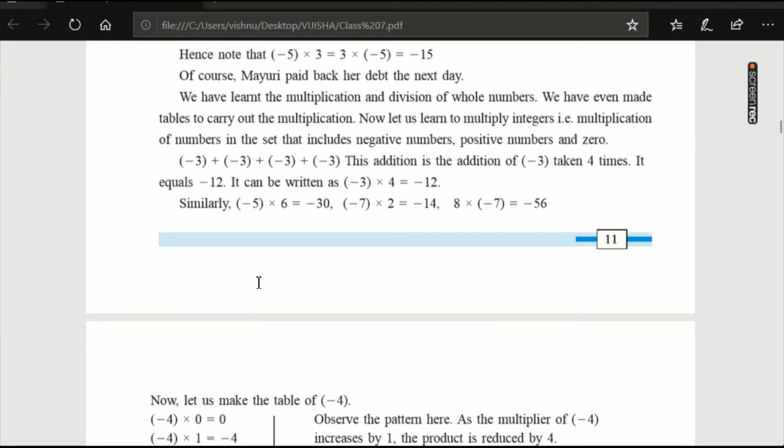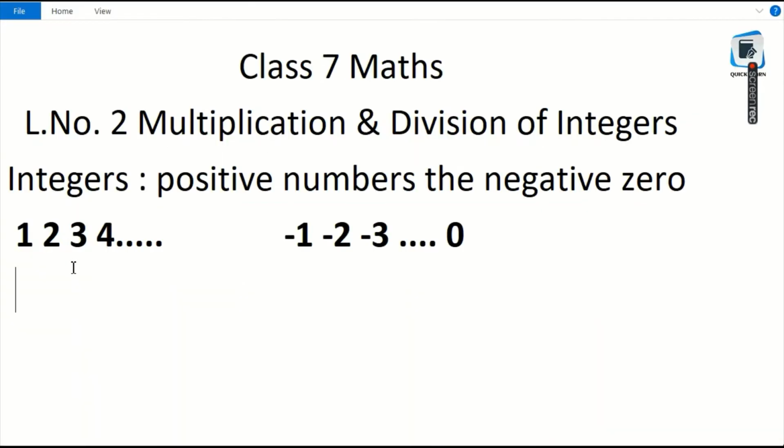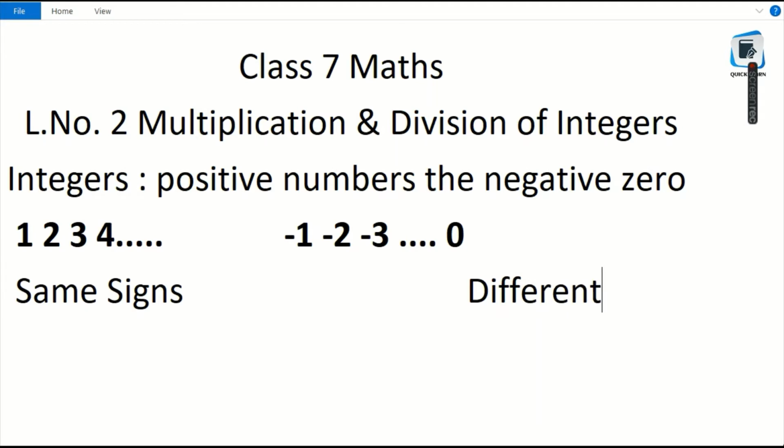Before getting into this topic, we will learn about the signs. In this we have two types, that are same signs and the other one is different signs. Now what are same signs?